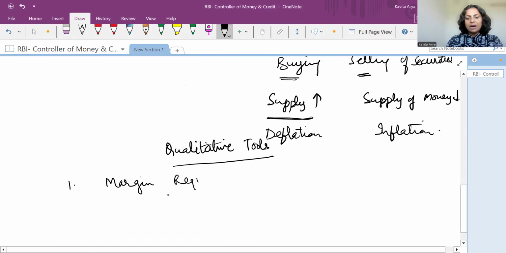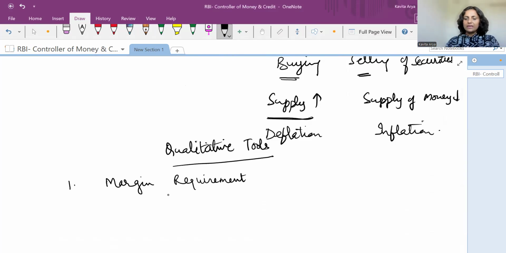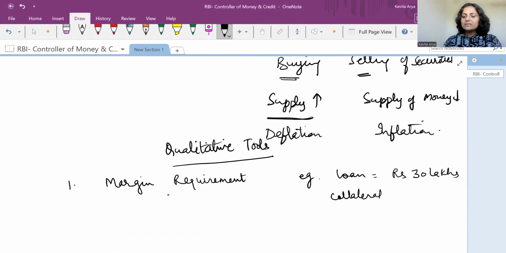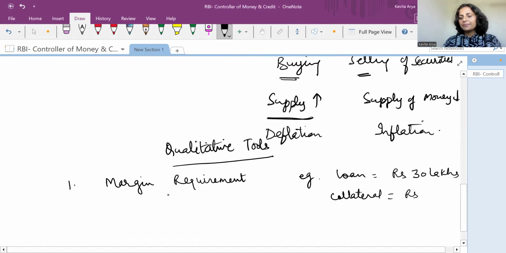When I say margin requirement, margin means it would definitely be a difference of something. Let me give you an example. For a loan of say rupees 30 lakhs, the commercial bank says, let us have collateral, or you may say security, worth rupees 50 lakhs.